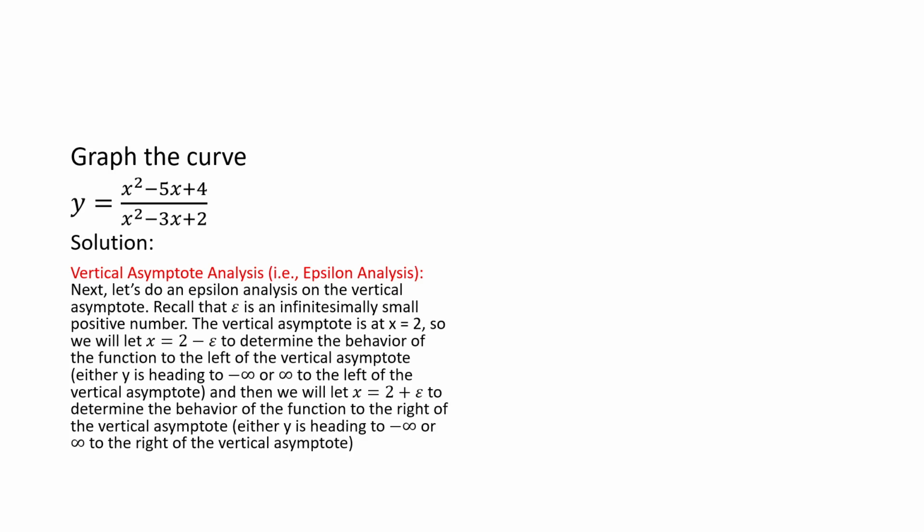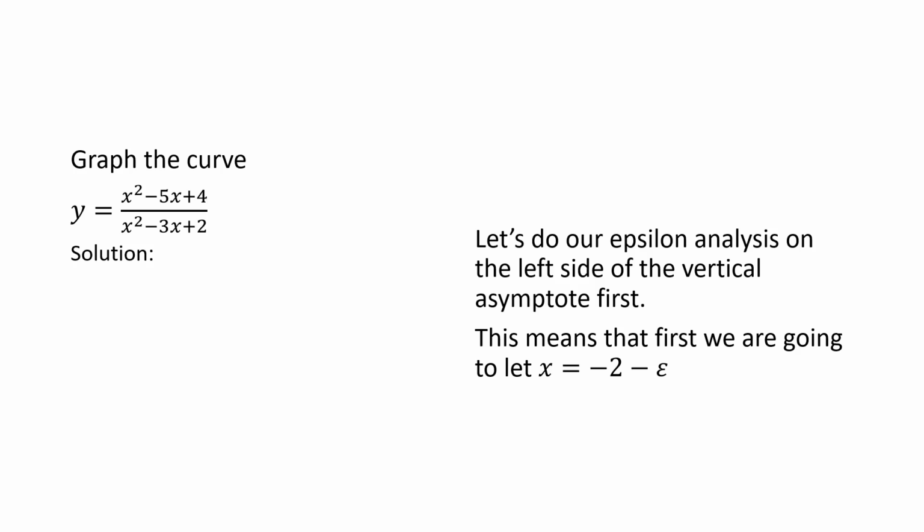And actually, rather than the original expression, we'll plug it into the simplified expression. It makes it a little easier to see. Okay, so let's let x equal 2 minus epsilon. That should say, instead of -2 minus epsilon, that should say 2 minus epsilon. Okay?